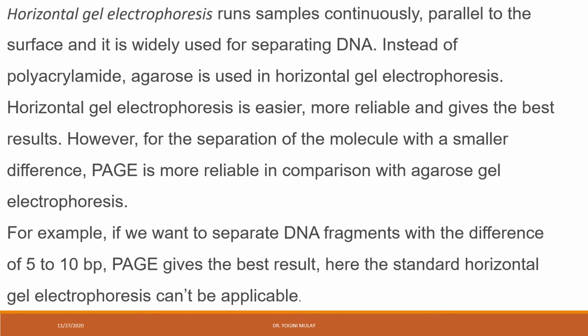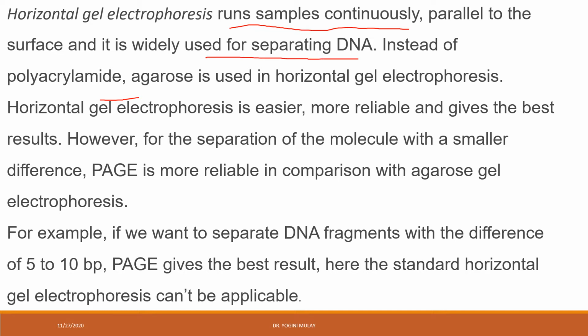The next type is horizontal gel electrophoresis. In horizontal gel electrophoresis, the sample runs continuously, whereas in the previous case the sample runs discontinuously. Here the sample runs continuously and parallel to the surface, and this is mainly used for separation of DNA.